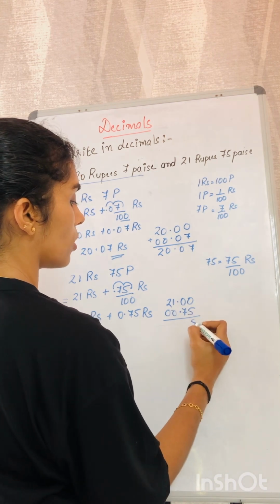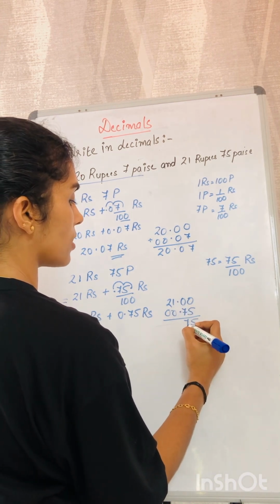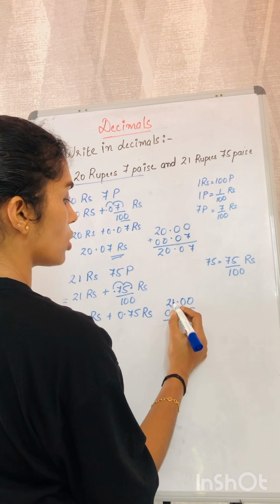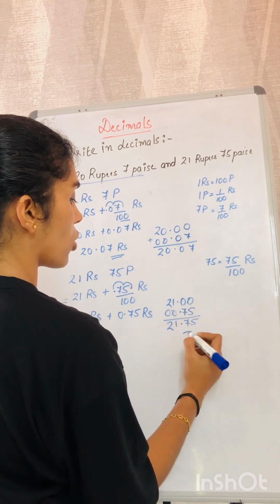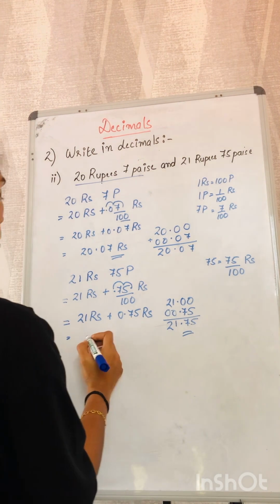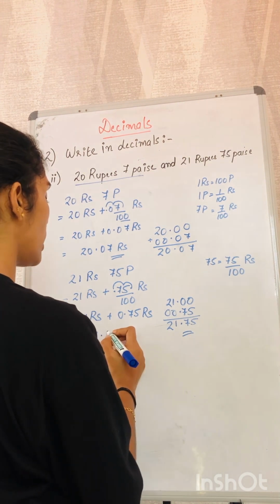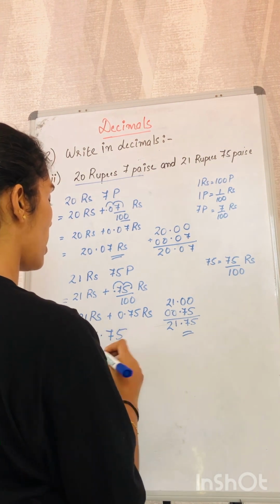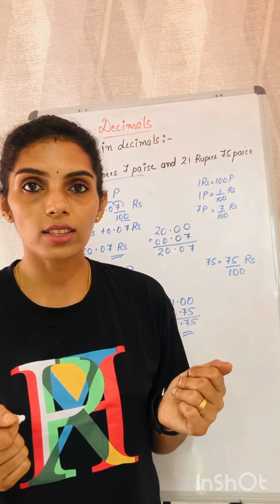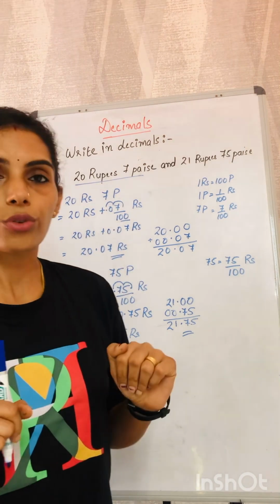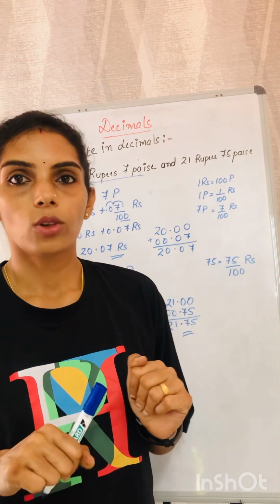So 5, 0 plus 7, 7. 1 plus 0, 1. 2 plus 0, 2. So your answer is 21.75 rupees. Do you have any confusions for the conversion of rupees and paise? Hope you understood.